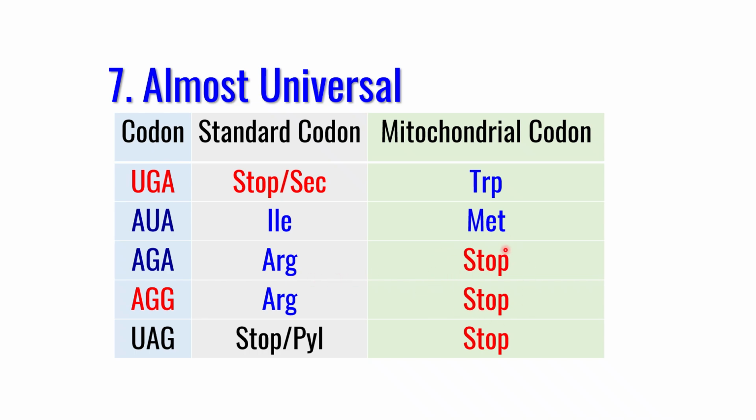In addition, UGA and UAG, although they are stop codons, also specify the newly discovered amino acids. So because of these differences, genetic code is considered as almost universal, not strictly universal.